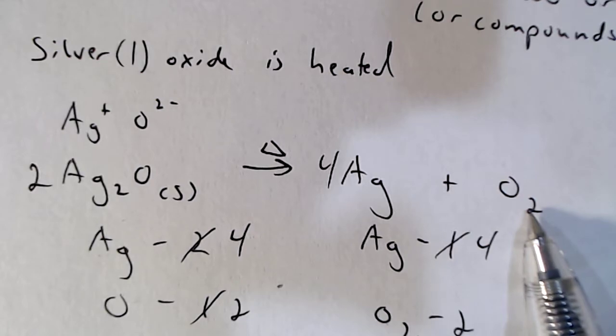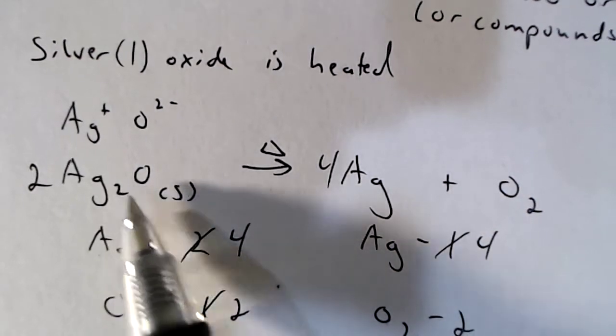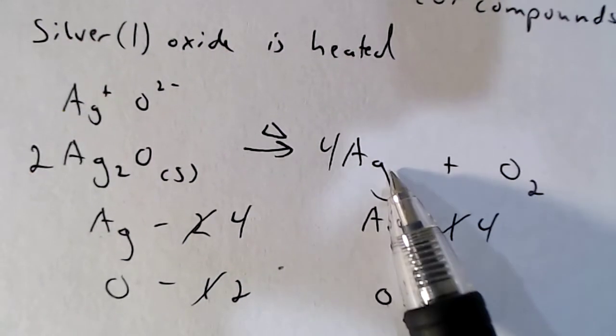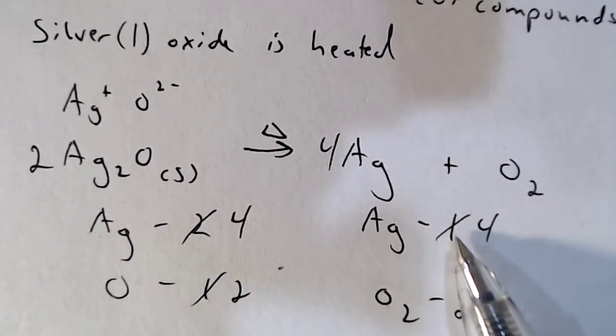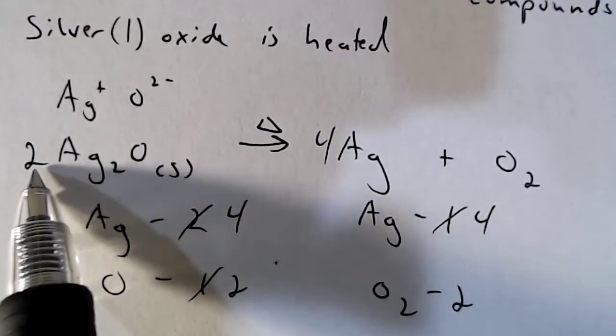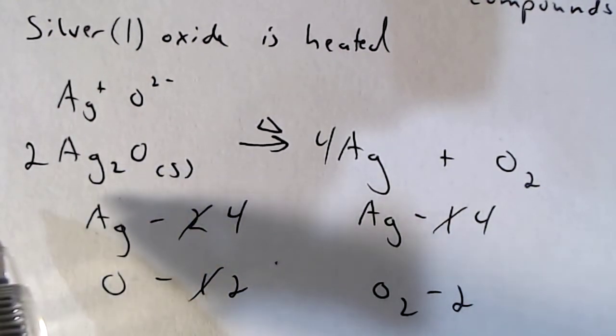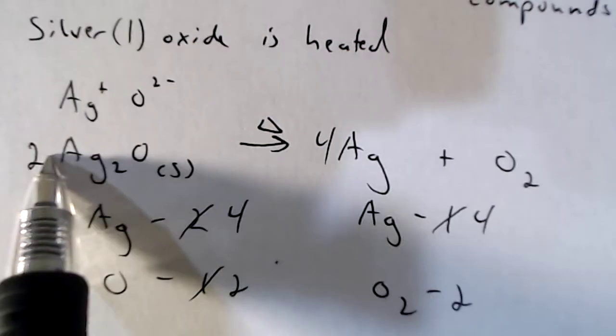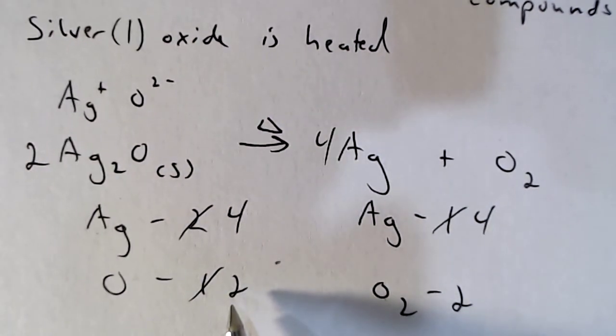To balance the reaction, initially you have 2 silvers and 1 oxygen on the left, and 1 silver and 2 oxygens on the right. Now you want to change the coefficients so that you have the same number of oxygens on both sides. So put a 2 in front of this entire silver oxide compound so that you'll get 2 oxygens. 2 times 1 is 2.